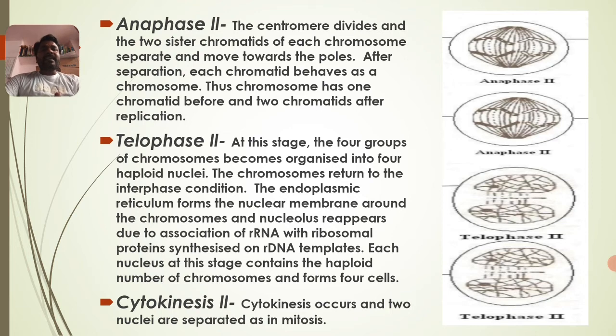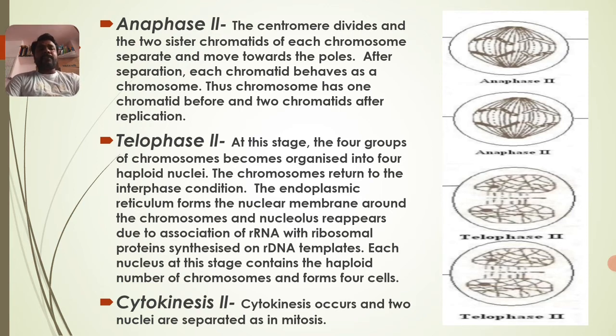After separation, each chromatid behaves as a chromosome. Thus a chromosome has one chromatid before replication and two chromatids after replication, when another chromatid is produced.